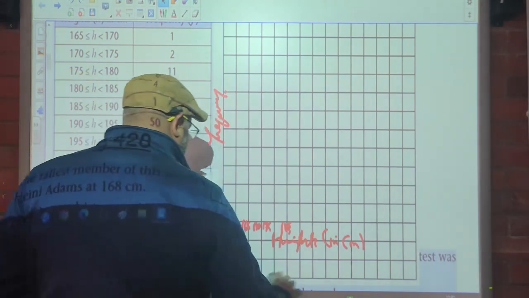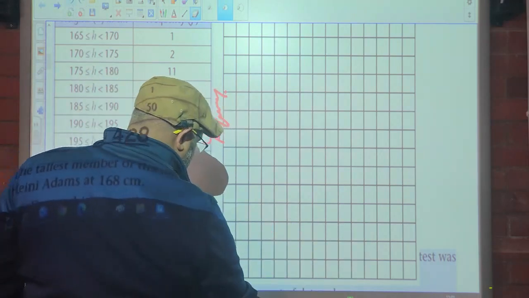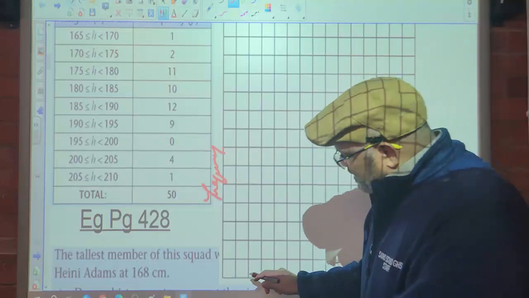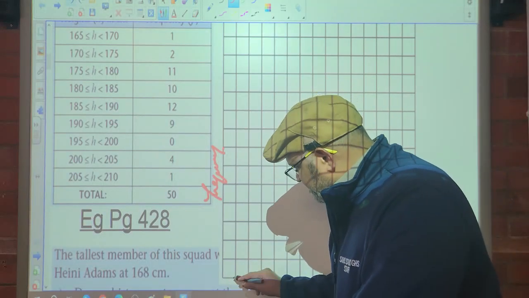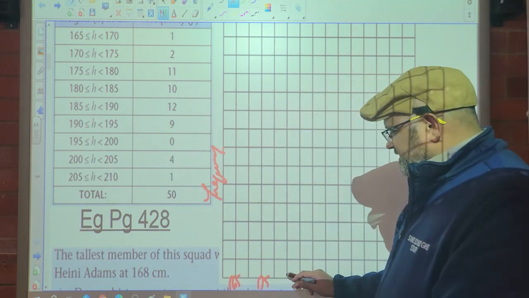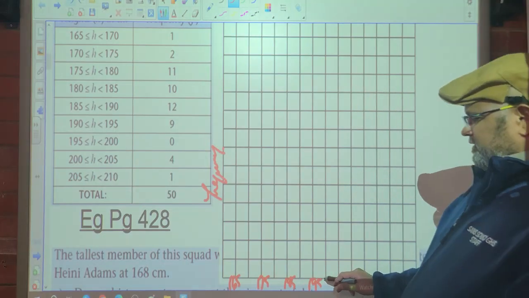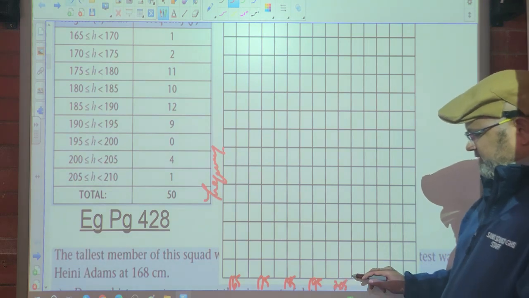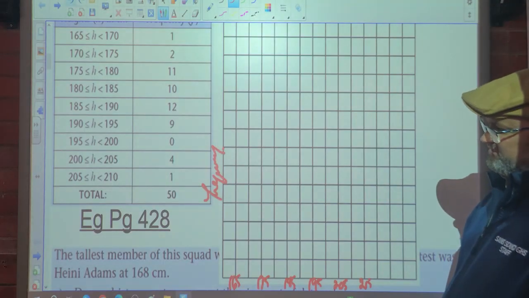Let's try again. The frequency here, the interval, as you know, is going to go here. So I'm going to start with 165, 170, 175, 180, 185, 190, 195, 200, 205, 210. I think 215 is the highest. No, 210.